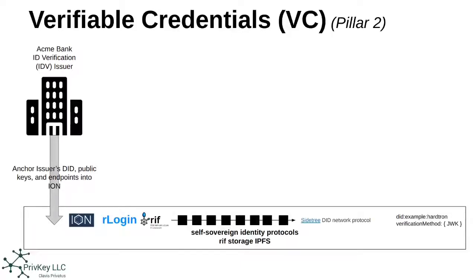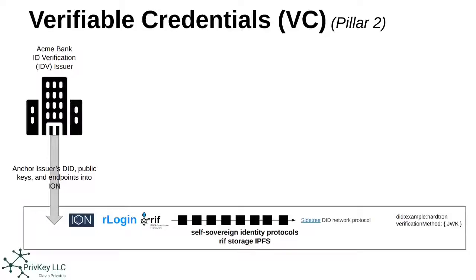So they anchor the issuer's DID to the public key and endpoints into, in this case, ION, but it could be Rootstock or login, where the infrastructure is RIF. It's called RIF. So you're anchoring this into the blockchain using different protocols, like for example Sidetree, etc.